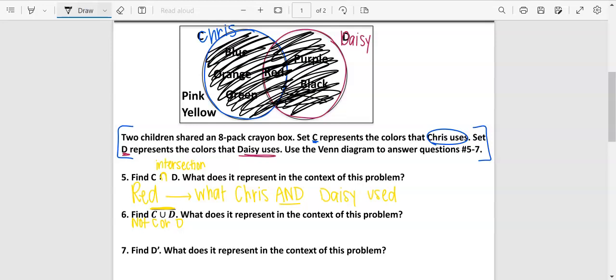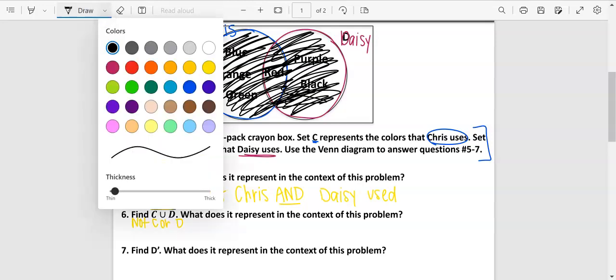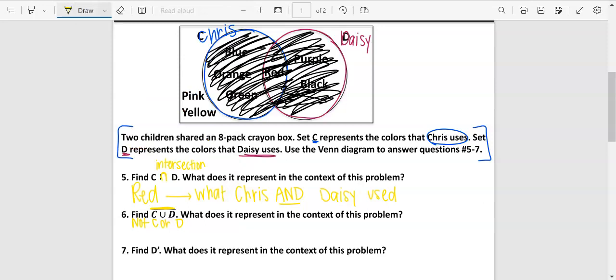So what is left when we crossed out what we do not want? We don't want their union. We don't want the circles. The only two things left are these pink and yellow on the outside. So for this, it is pink and yellow. Now, what does that mean?